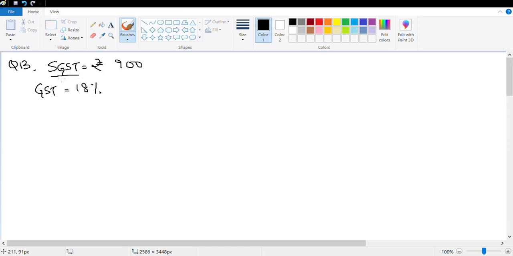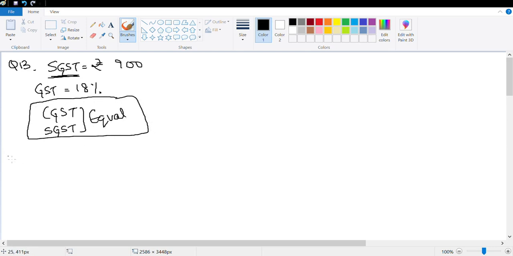So why is this being talked only about SGST? What happened to CGST? Because SGST and CGST go hand in hand. CGST and SGST are always equal and they are always together. So we write, since SGST is rupees 900, therefore CGST is also equal to rupees 900.